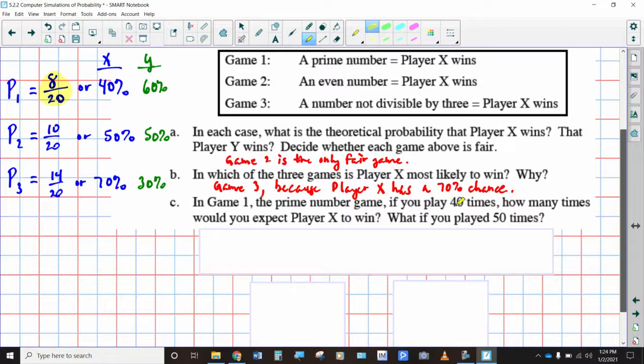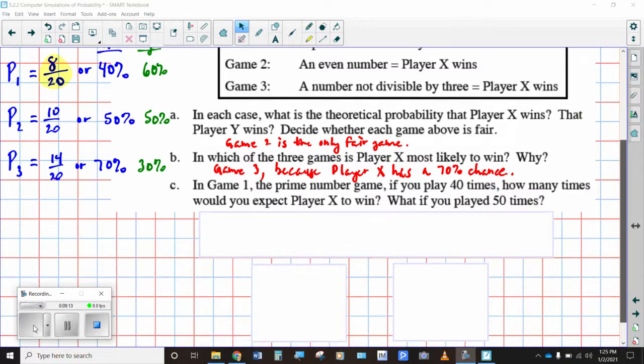If you play 40 times, how many times would you expect player X to win if the probability is an 8 in 20 probability? All right, go ahead and pause and see if you can work that out, and then unpause when you think you've got an answer for both if they play 40 times and 50 times.